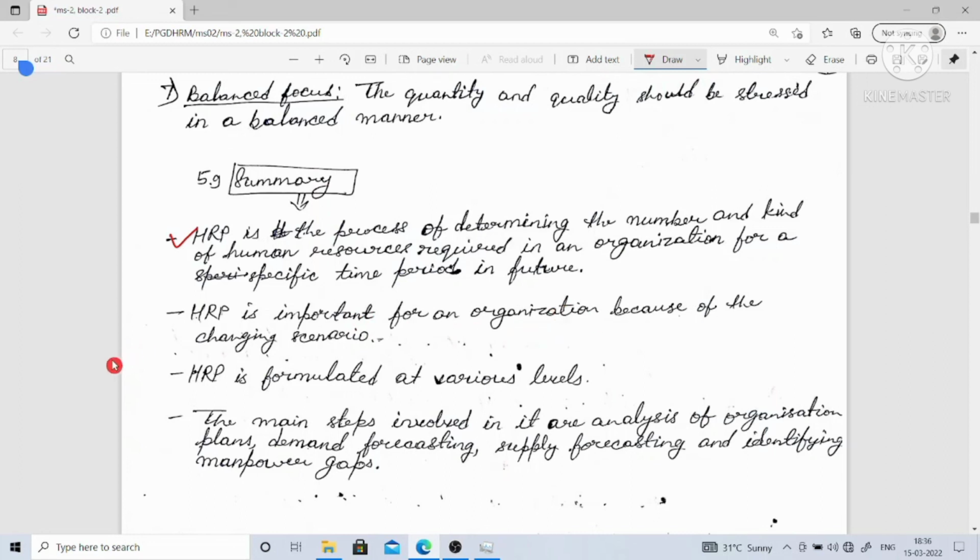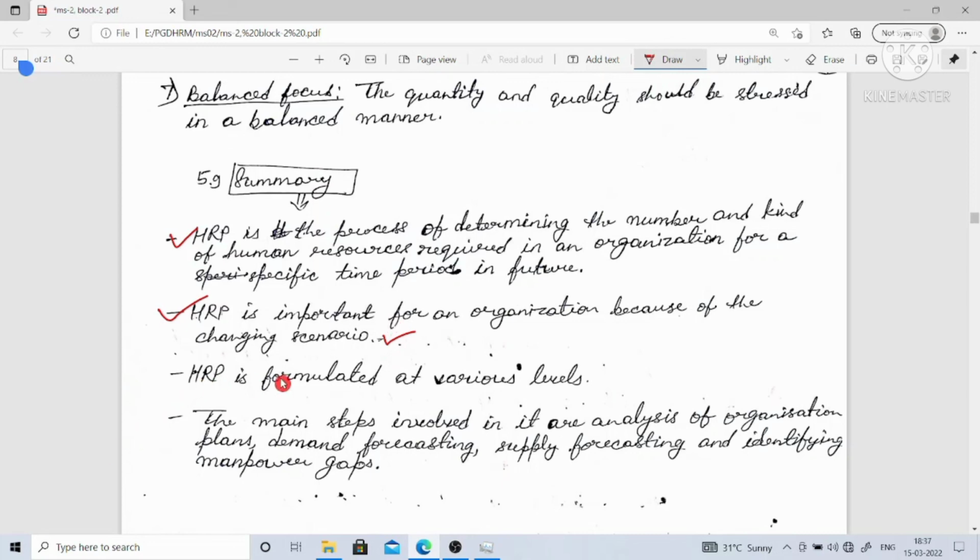Human resource planning is important for an organization because of the changing scenario. Since the environment is changing, the organization will have to change. If the organization is changing, then the number of people required by the organization will also change. So human resource planning is very important.